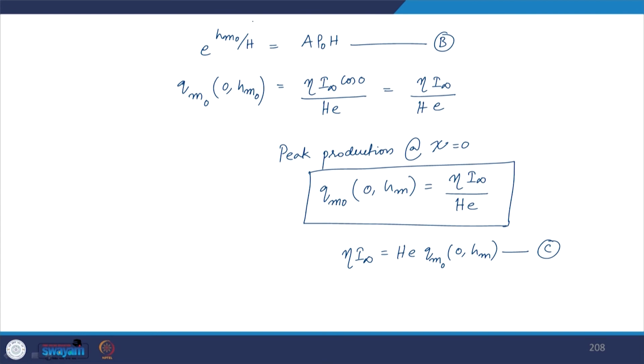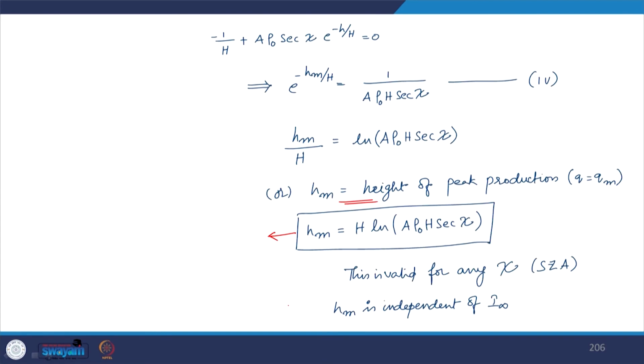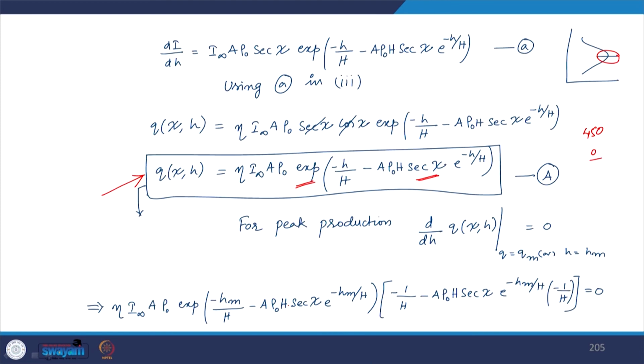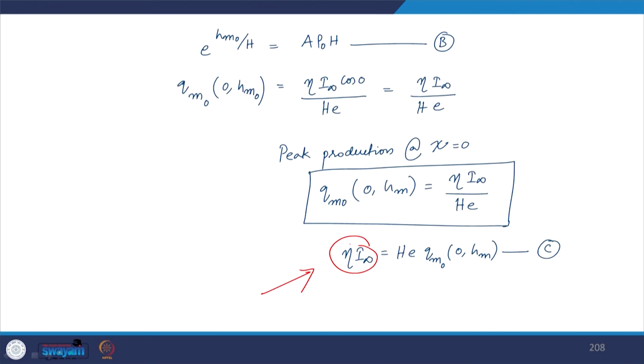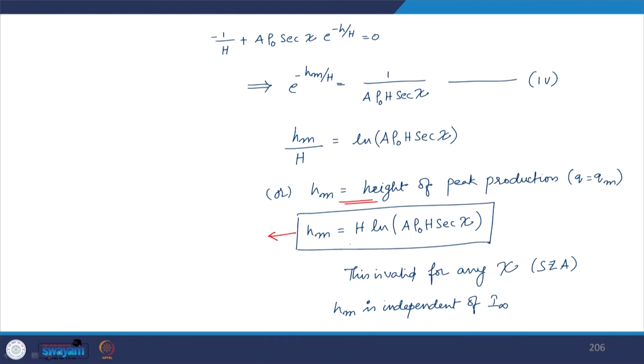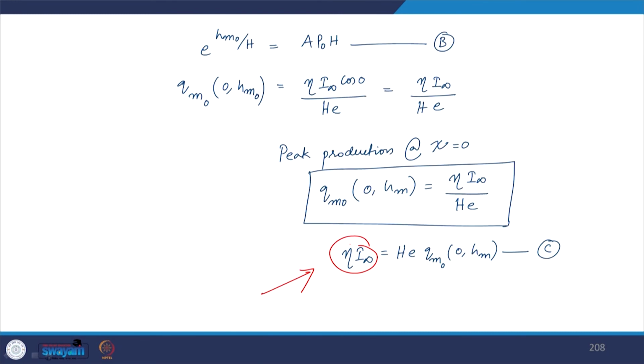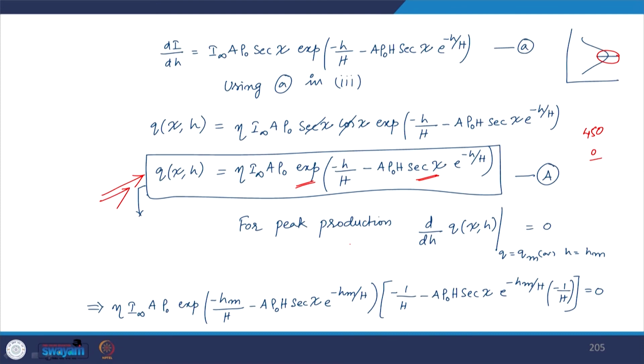C is this. Where do we have A? Equation capital A, yeah, this is the equation A. So using this, what are we trying to do? We are trying to substitute for eta I infinity in this expression.